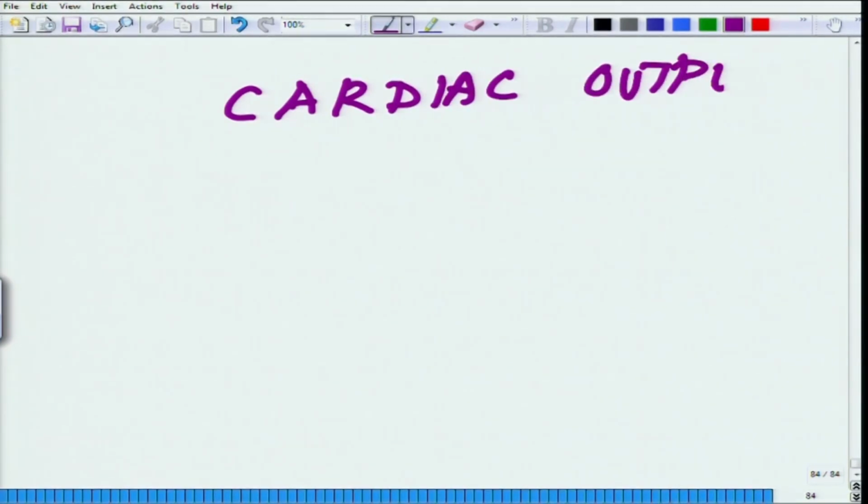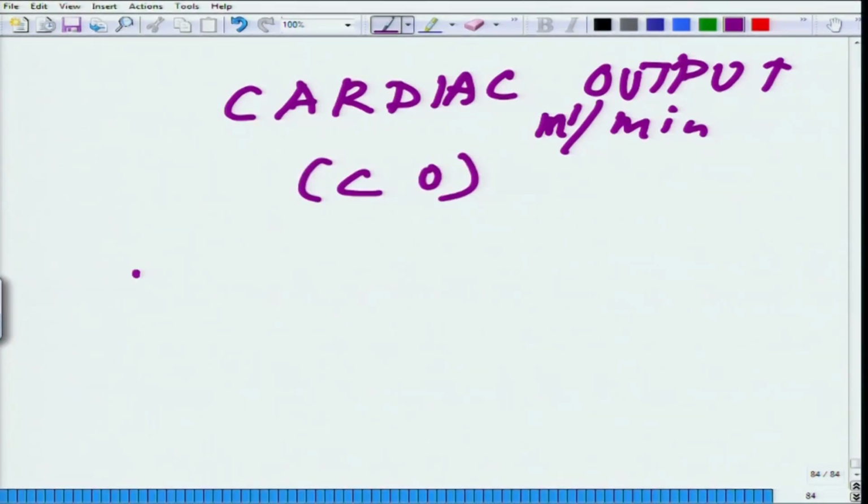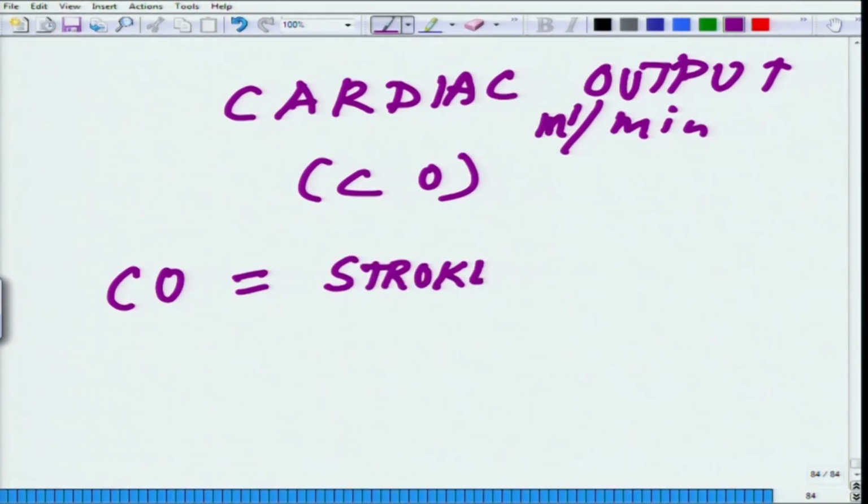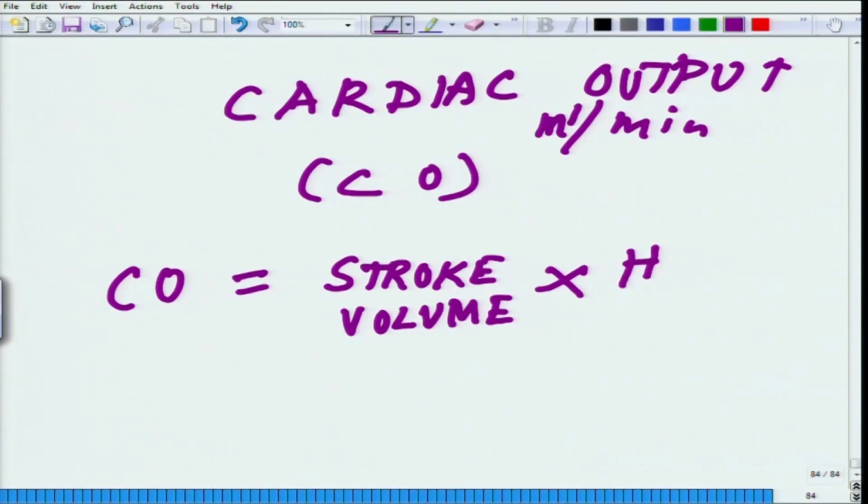These parameters are very important for cardiac output. So, cardiac output is expressed as milliliters of blood per minute. Okay. So, if I represent it as CO, cardiac output is equal to the stroke volume multiplied by the heart rate.